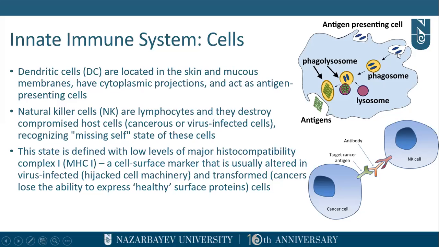So let's say this is your invader, a foreign particle that is attacking your body, and the dendritic cell will come to attack this, for instance under the skin. It will engulf it, and it will go to the phagosome, which will further be lysed with the lysosome that contains enzymes to kill the cells.